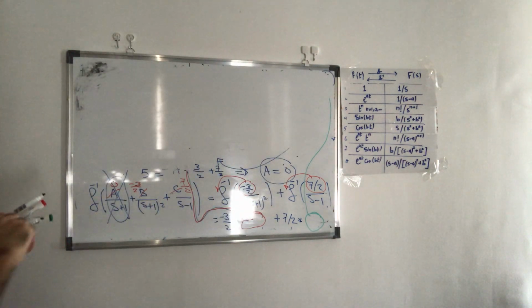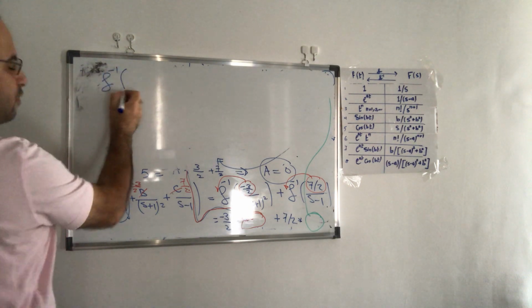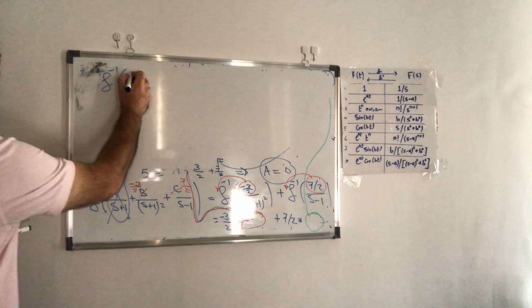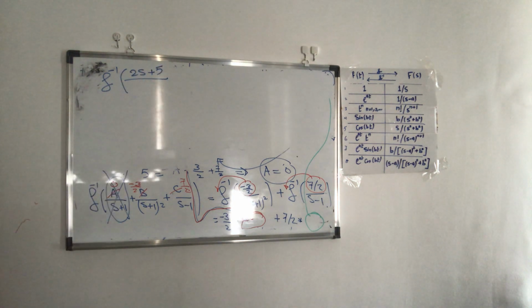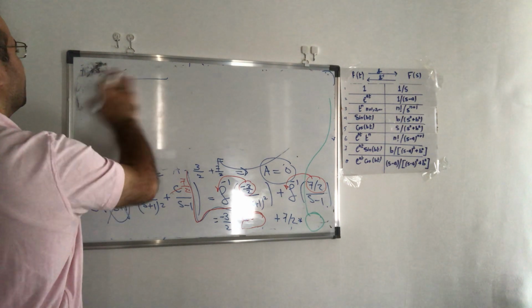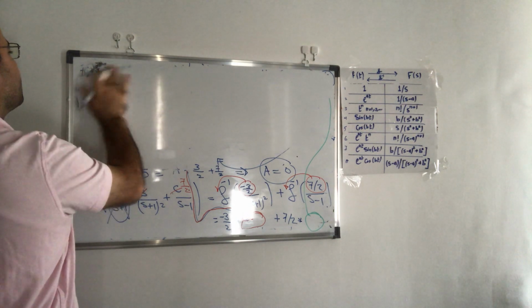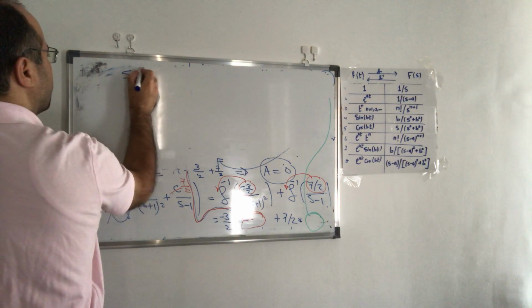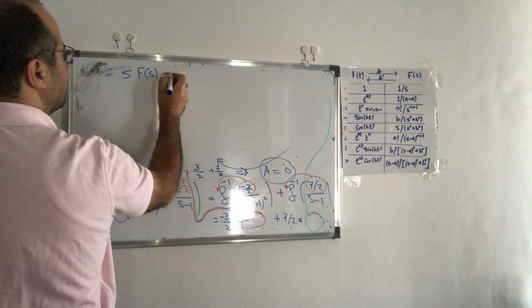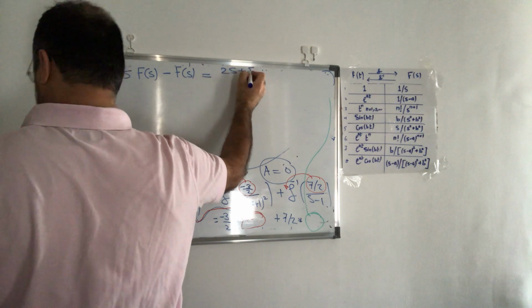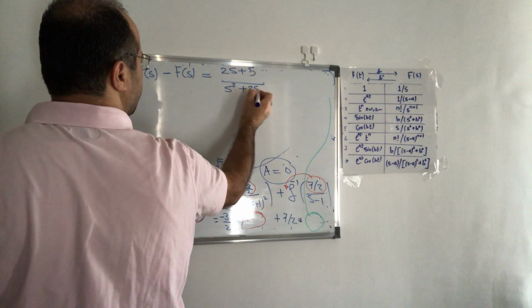So the final solution will be the Laplace inverse of what? What was the question? It was F of S equal to 2S plus 5 over S squared plus 2S plus 1.